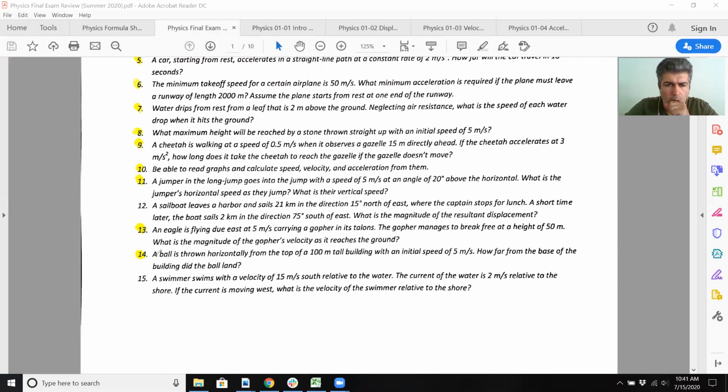13: an eagle flies due east at that speed, carrying a gopher in its talons. The gopher manages to break free at a height of 50 meters. What is the magnitude of the gopher's velocity as it reaches the ground? What I suppose you could do is that's probably going to be its initial velocity in the horizontal direction.